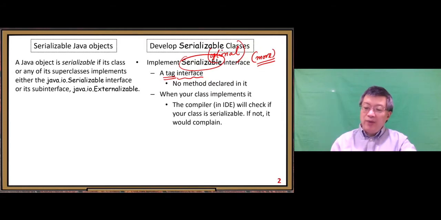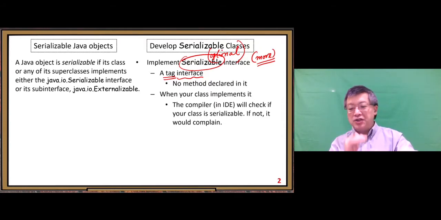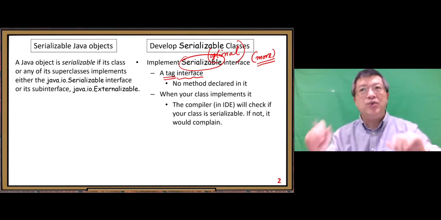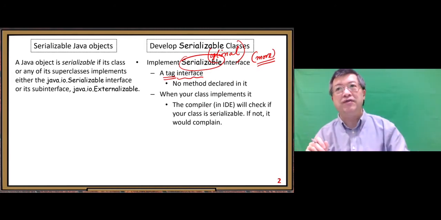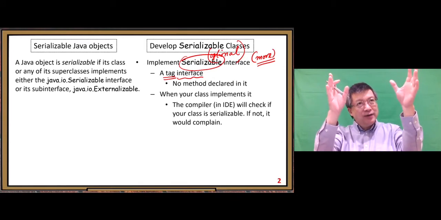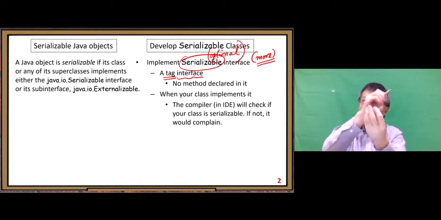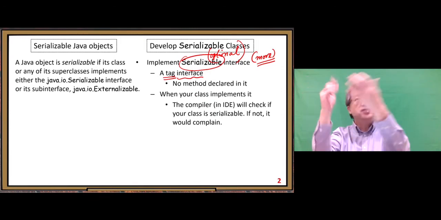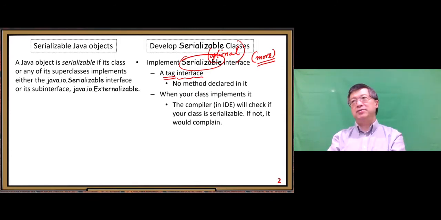So the compiler will check if your class is serializable. If not, it would complain. That's the reason we use the Serializable interface. The compiler can detect that you have the Serializable interface implemented, that you have this tag on your class.